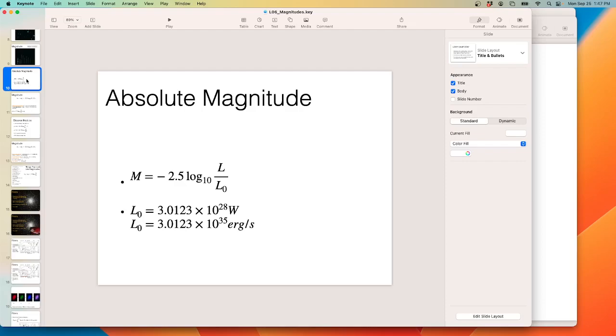Okay, so all of this has some baggage with it. But if I make M1 the absolute magnitude and M2 the apparent magnitude, and then F1 is the flux, and F2 is all of the other stuff that I need for defining my star, then I get that the absolute magnitude is just the luminosity, which you can compute from physics, divided by this fiducial number that happens to be 3.0123 times 10 to the 28 watts, or 10 to the 35 ergs.